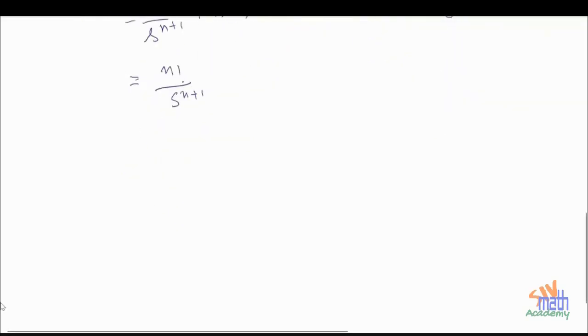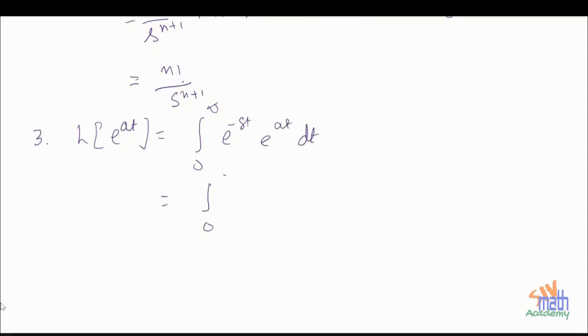Okay. Similarly, the third identity is L of e power at, which is equal to the integral from 0 to infinity of e power minus st into e power at dt, which is the integral of e power minus (s minus a) t dt, and it is e power minus (s minus a) t upon minus (s minus a) within the limits 0 to infinity.